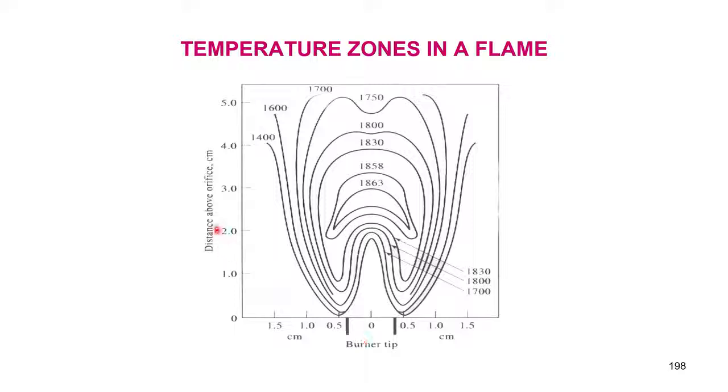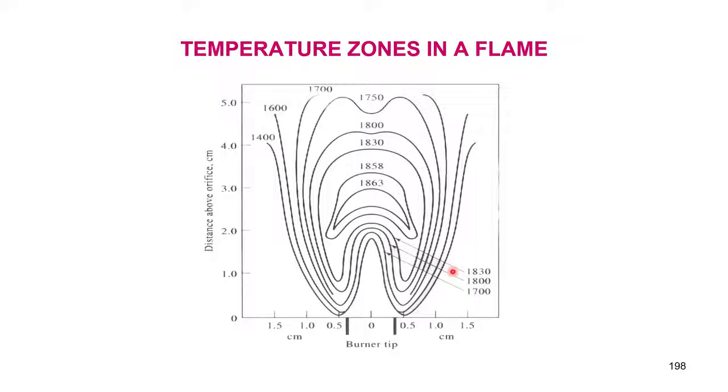Now, this is the distance above the orifice. Around 0.5 centimeter width of the flame, and a distance about 1 centimeter above, what is the temperature here? You can see this is about 1800.